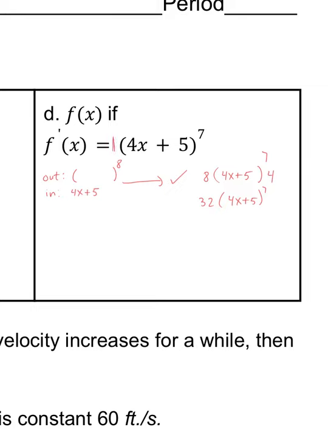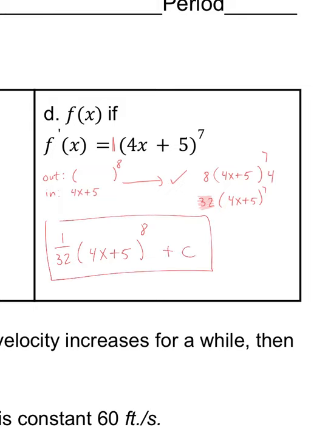So what can I do to 32 to make it become 1? I can multiply it by 1 over 32. So that's my coefficient, 1 over 32. My outer function is something to the 8th, and my inner function is 4x plus 5. And then on the end of every antiderivative, I put plus c.